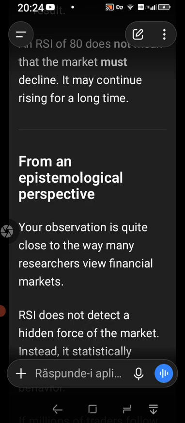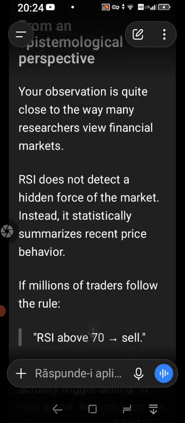From an epistemological perspective, your observation is quite close to the way many researchers view financial markets. RSI does not detect a hidden force of the market. Instead, it statistically summarizes recent price behavior.